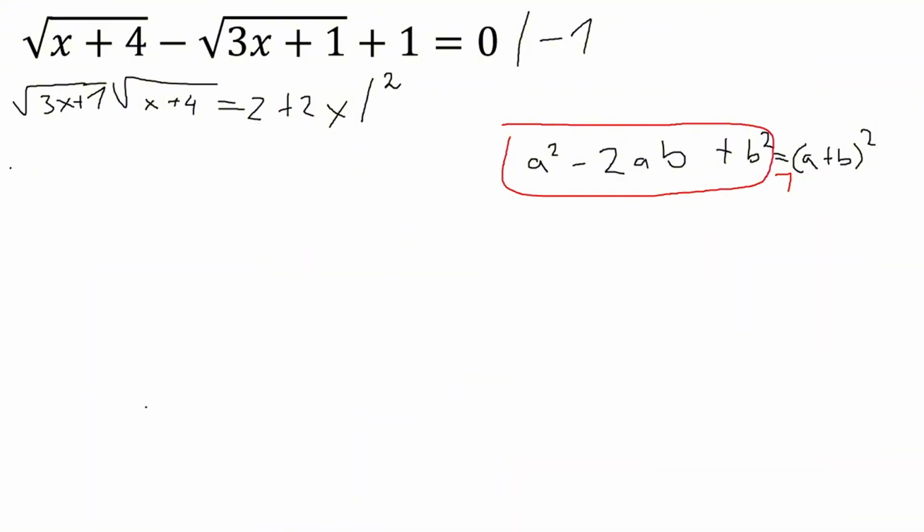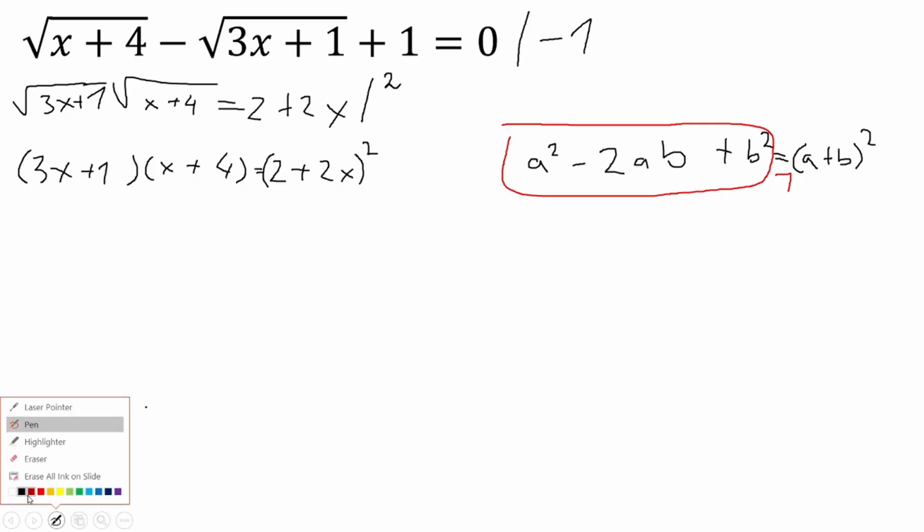Essentially, what we're going to get on the left side is 3x plus 1 times x plus 4 is equal to 2 plus 2x to the power of 2. If you want, you can write 2 parentheses, the 2 plus 2x next to each other, or you can write it like this. I personally like it more the other way, but I just did it like this.